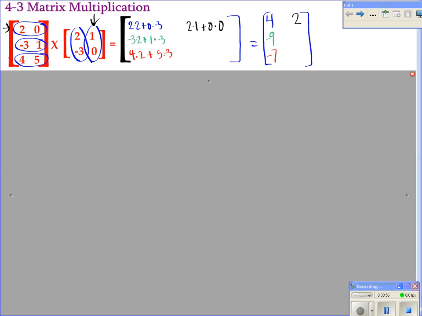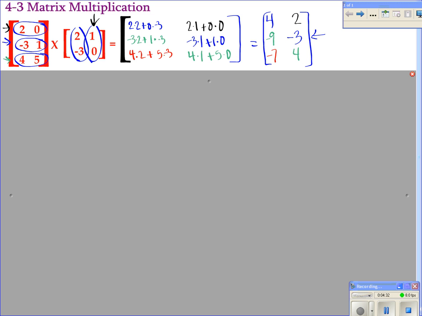Seeing the pattern? Okay. If we want this next number, which is in the second row, we use the second row. So -3 times 1 and 1 times 0. And then the bottom row with the second column, 4 times 1 plus 5 times 0. I get 4.